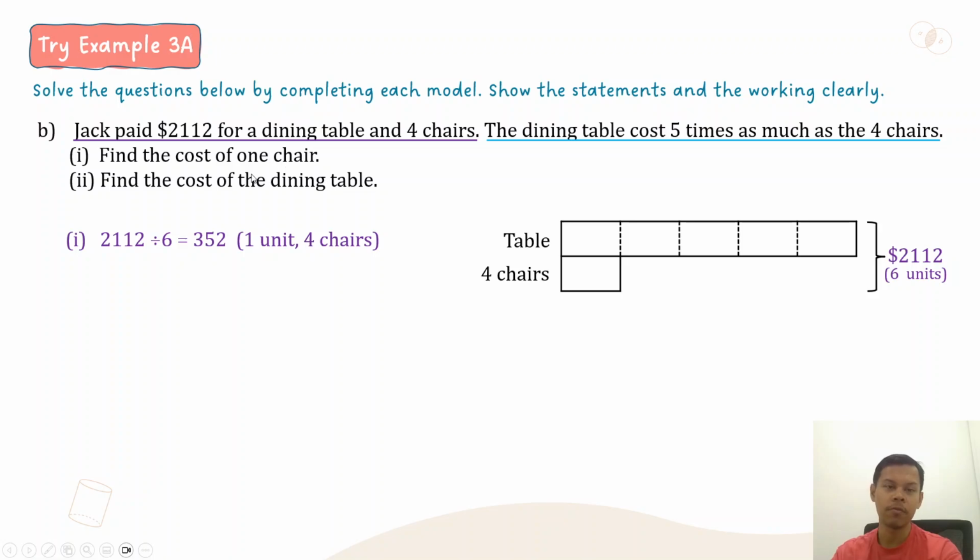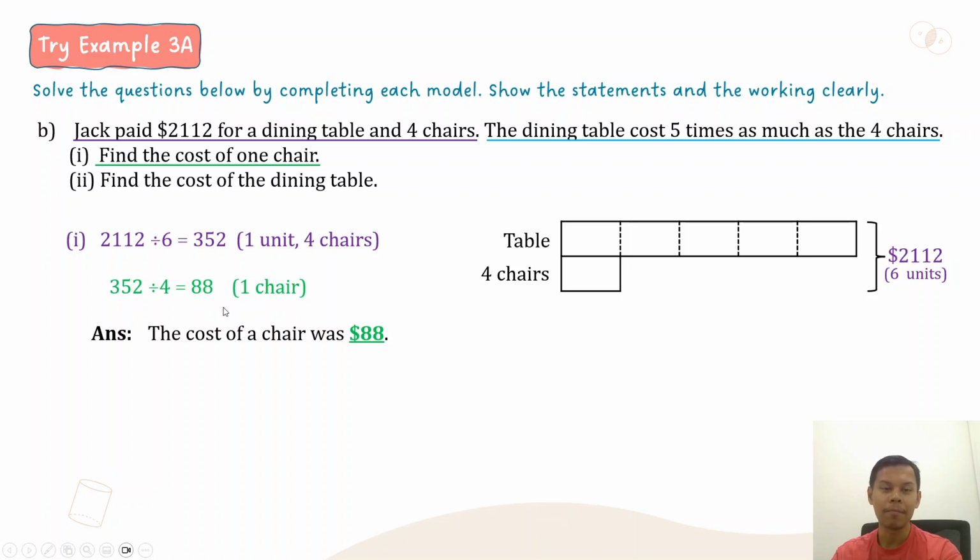So, in order for us to find 1 chair only, what do we need to do? Yes, we need to divide further by 4. So 352 divided by 4 is going to be 88. So, the cost of 1 chair is equal to $88. Just now, 352 is the cost for 1 unit. One of these boxes is equal to 352.